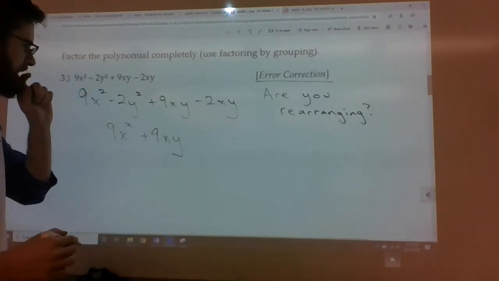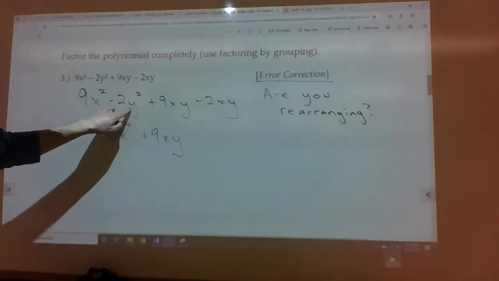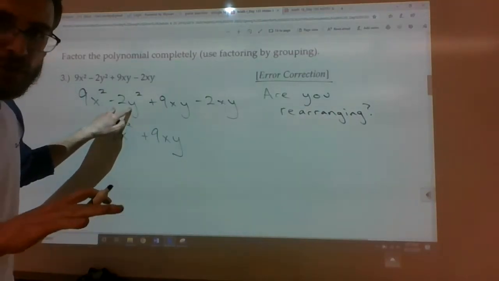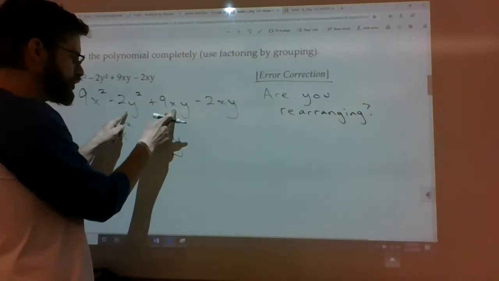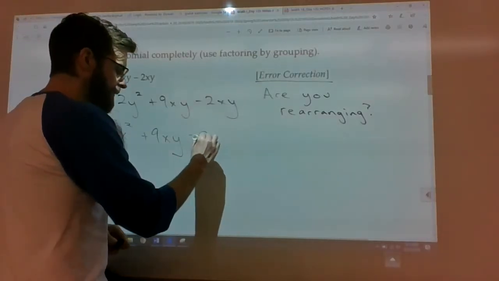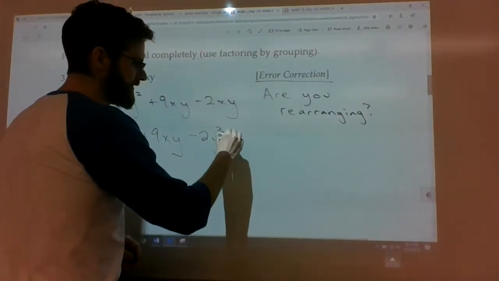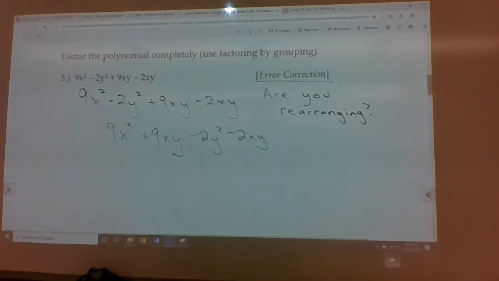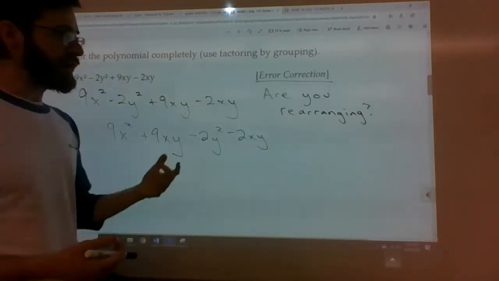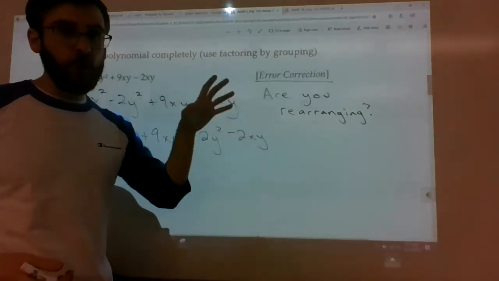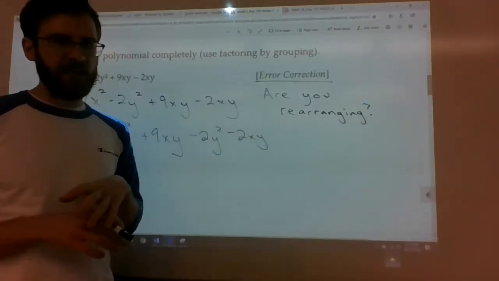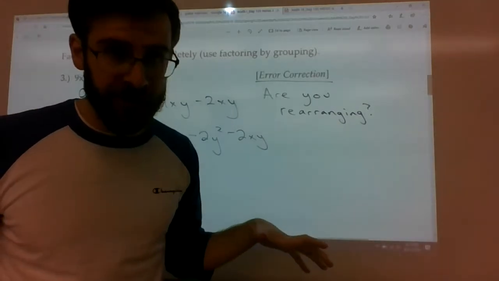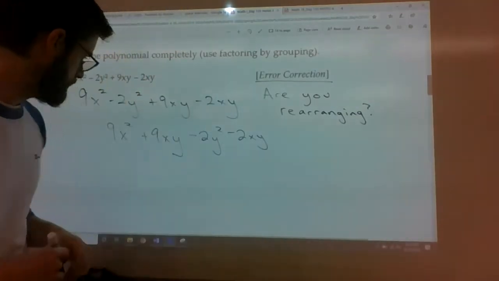And then it seems like the negative 2y squared should just be flipped around like that. So yes, in this term, you had to rearrange, otherwise it would factor to gibberish. It wouldn't make any sense at all.